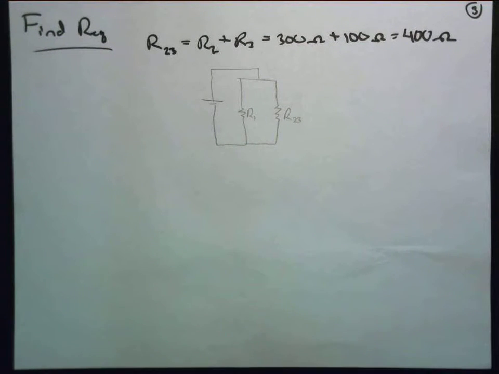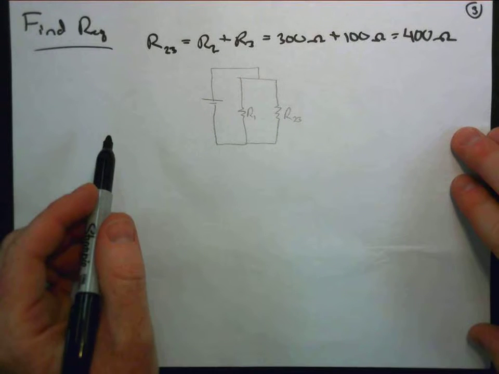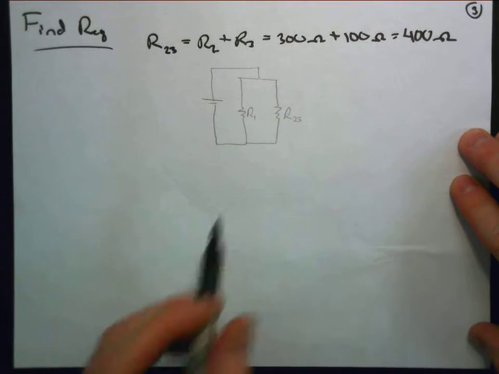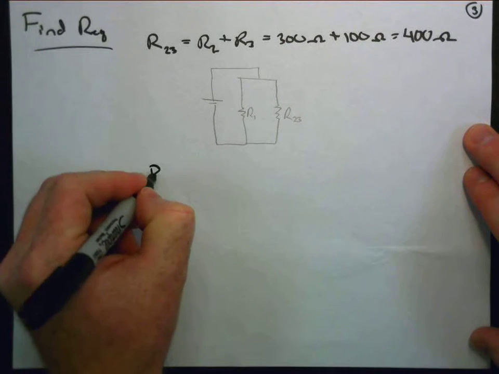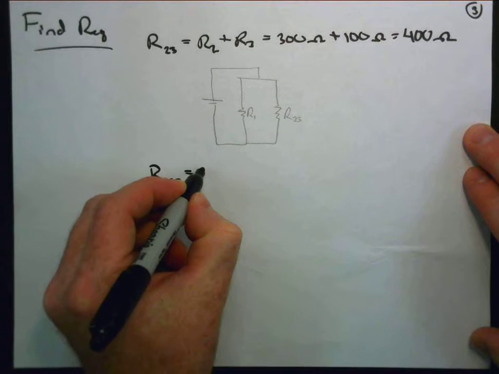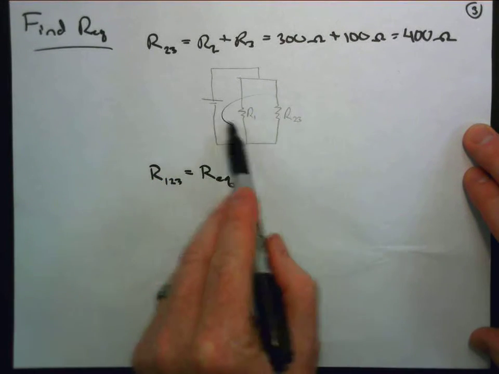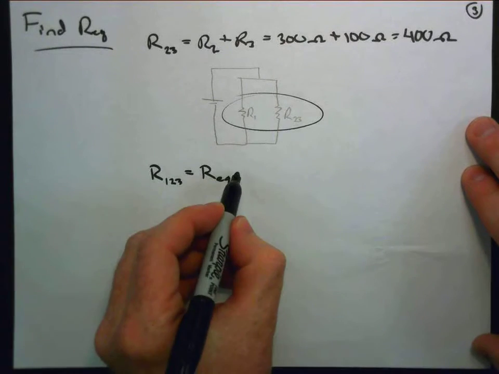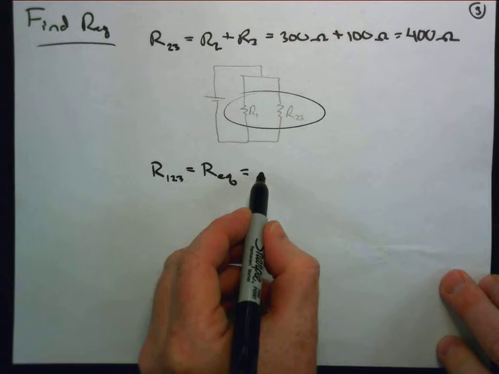So when you look at the rules for combining resistors that are in parallel pathways, then the rule is a little different. So now what I'm going to do is I'm going to find a combination of 1, 2, and 3, which will be my equivalent. Once I combine these two, I will have combined everything. So now I have parallel resistors.